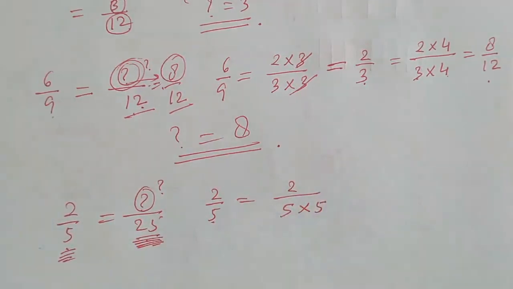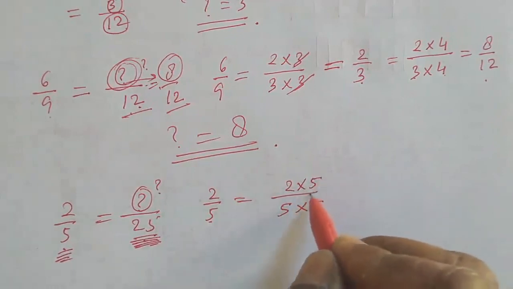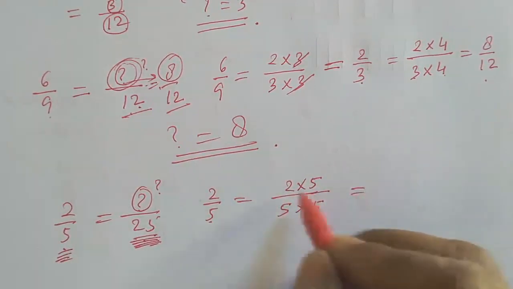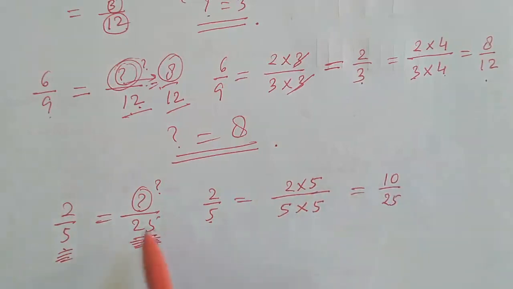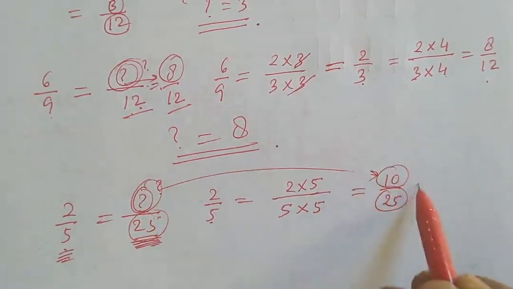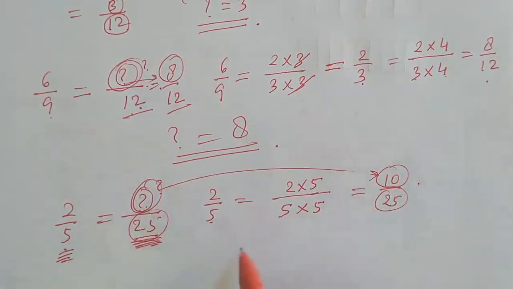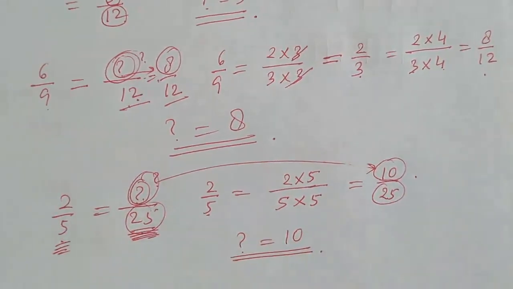You multiply by 5. 5 5s are, this is 25. So also you multiply by the same number in the numerator, 5. So 2 5s are, this is 10, and 5 5s are, this is 25. Now you can see 25, 25, unknown, and this is 10. It means that this unknown number is actually 10. Okay.